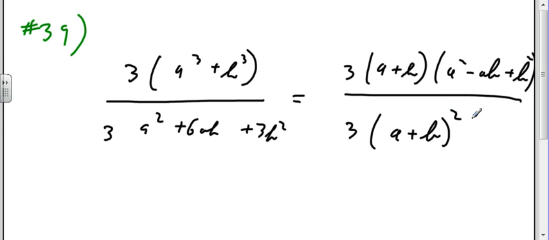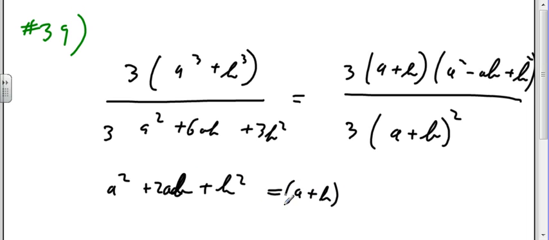Did I skip enough steps? Do you see that when I bring the 3 out, I'm going to have a squared plus 2ab plus b squared, and that's a plus b, the quantity squared. Anyway, maybe you see that, maybe you don't.